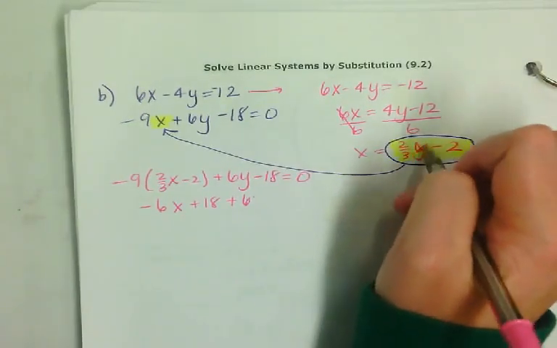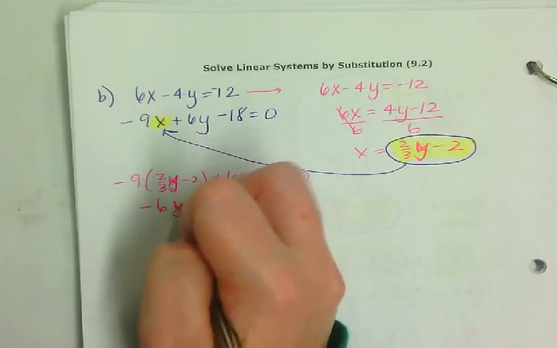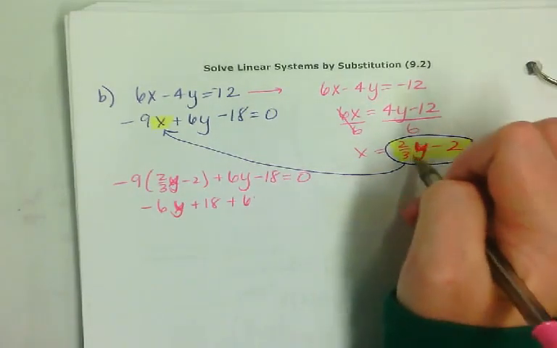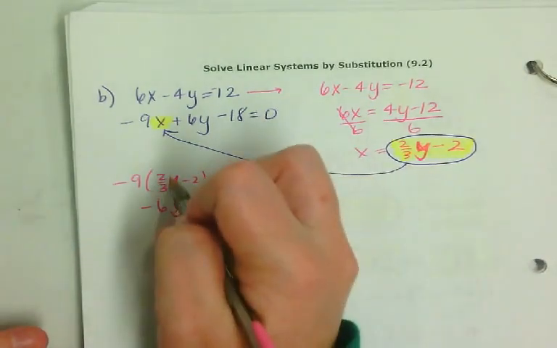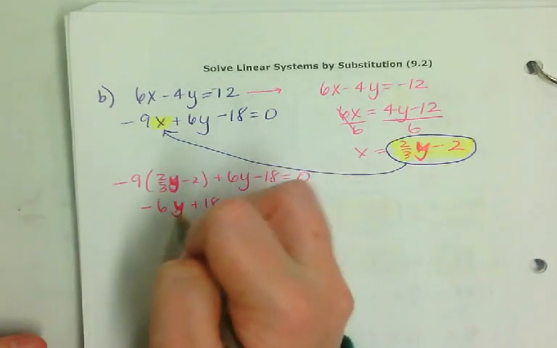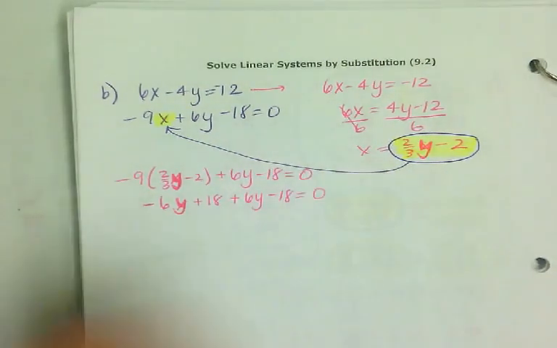Sorry, this should be a y. Let's fix that. This right here should be negative 2/3 y minus 2. Same here. Negative 2/3 y, negative 6y. And then 6y minus 18 equals 0.